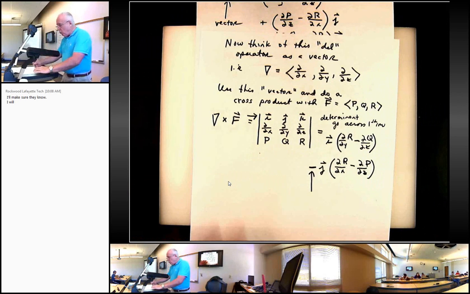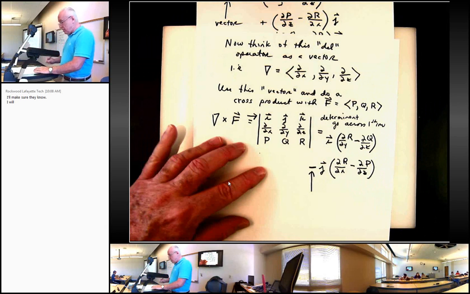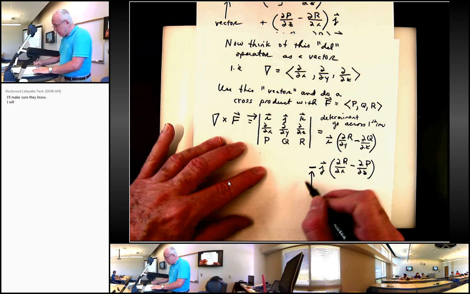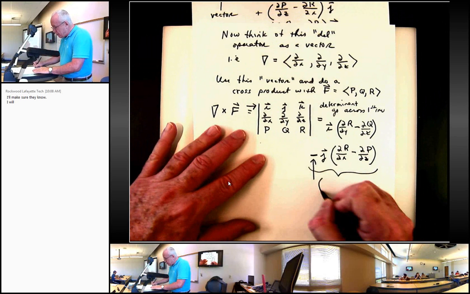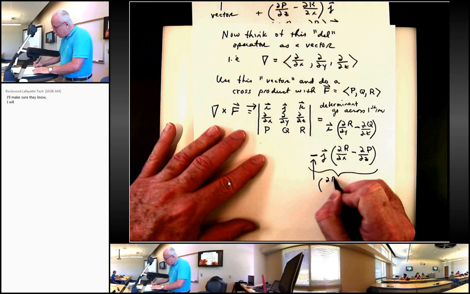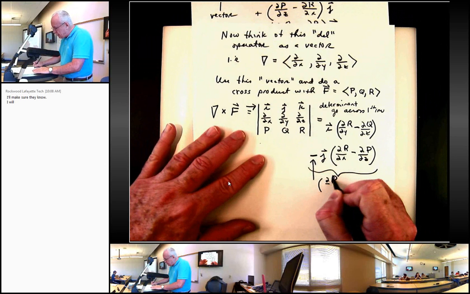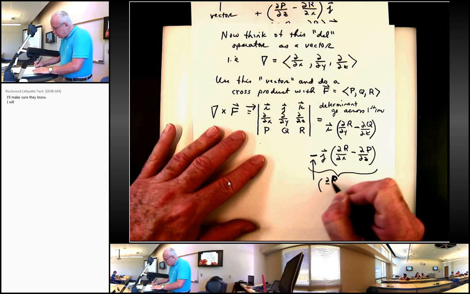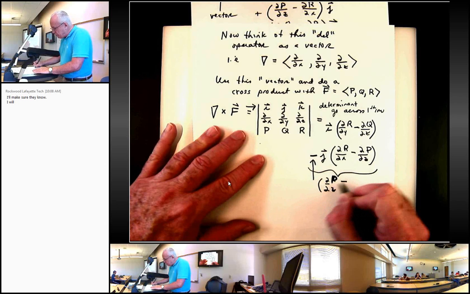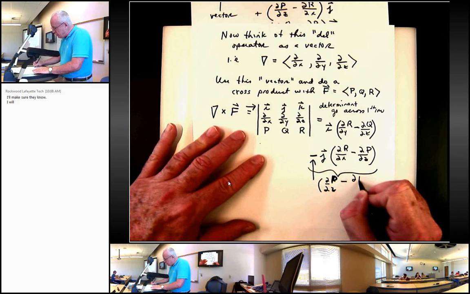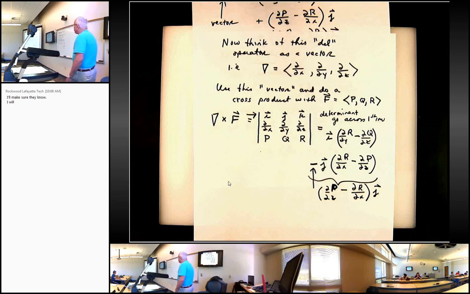However, we have a minus sign in front, so this component truly is delta p, delta z, change the sign, minus delta r, delta x, applied to the j vector. Okay, we just make sure we change the sign, and we get the same thing.